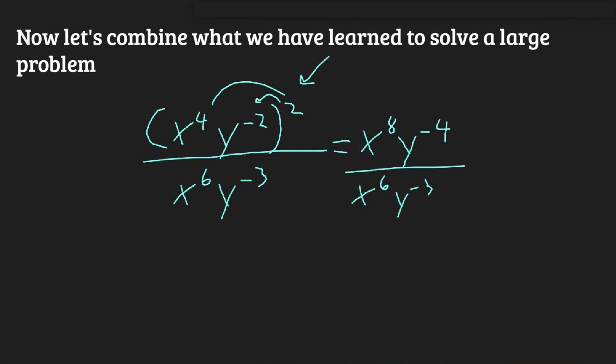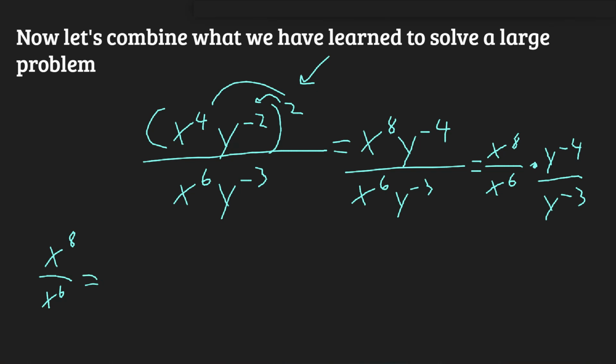Now it's important to remember, like we did before, we can break this problem up, right? This is the same as x to the 8 divided by x to the 6 times y to the negative 4 divided by y to the negative 3. So let's just take x to the 8 divided by x to the 6. This is equal to x to the 8 minus 6, which is equal to x squared.